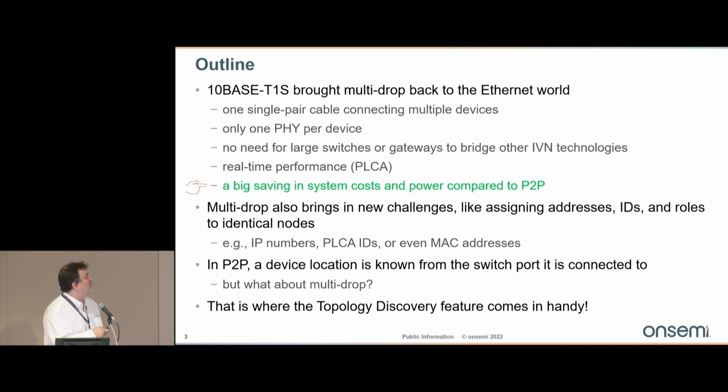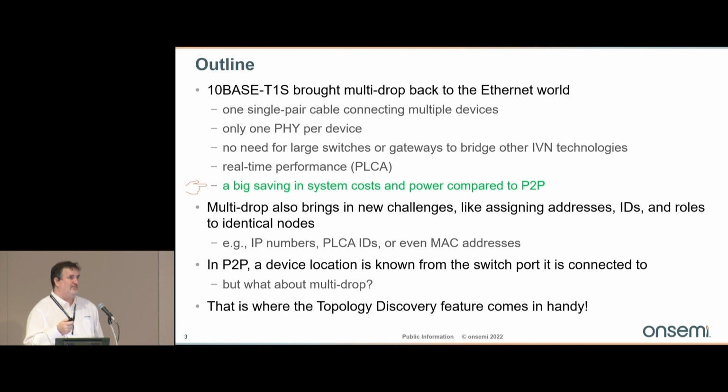You are using only one PHY per device, and therefore you do not need large switches or gateways to bridge to other IVN technologies. In addition, you have the PLC reconciliation sublayer, which further adds some performance to your link. All of this translates into a big saving in system costs and power consumption compared to point-to-point.